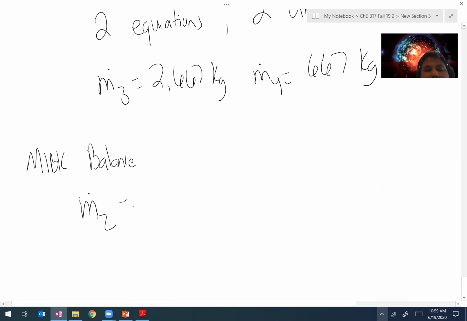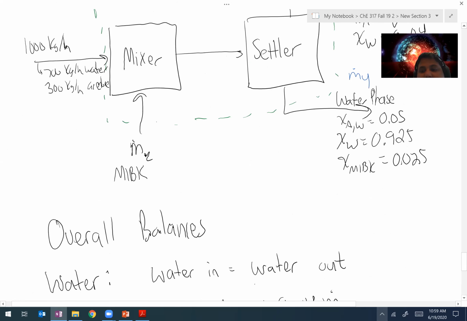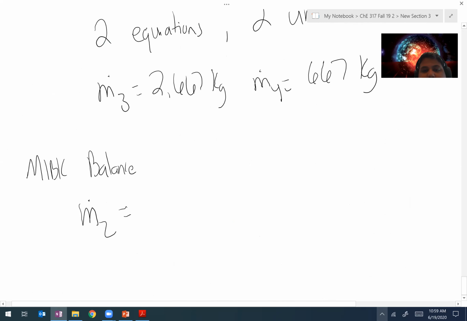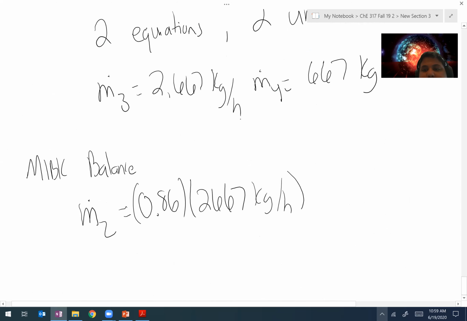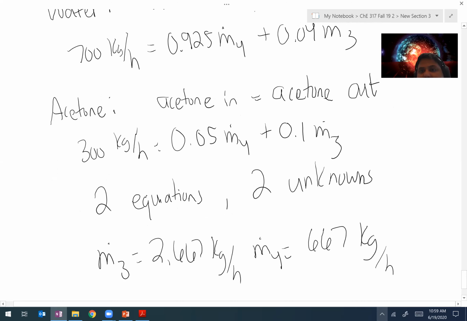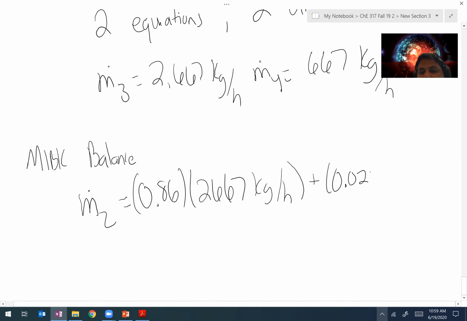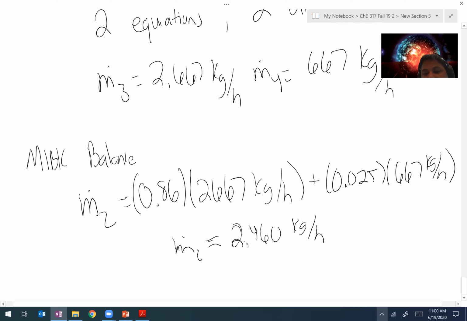Or M2 equals the mass fraction, which is 0.86, times 2,667 kilograms per hour, these are flows, plus 0.025 of 667 kilograms per hour. Which I get 2,460 kilograms per hour.